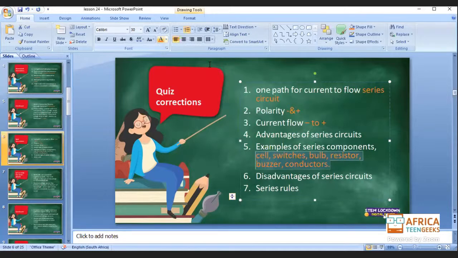Disadvantages of series circuit. If one of the components is not working, then the whole circuit is broken. Yes, that's very much correct.